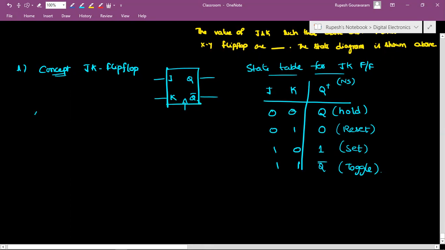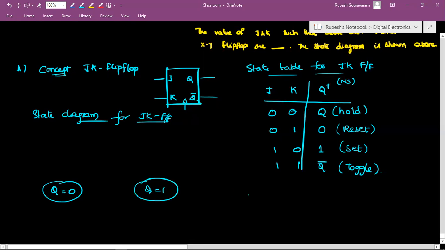This is the state table for the JK flip-flop. Let us see the state diagram for the JK flip-flop. First, what is the state? Suppose Q is equal to 0, let us take here. Then Q is equal to 1, let us take here.